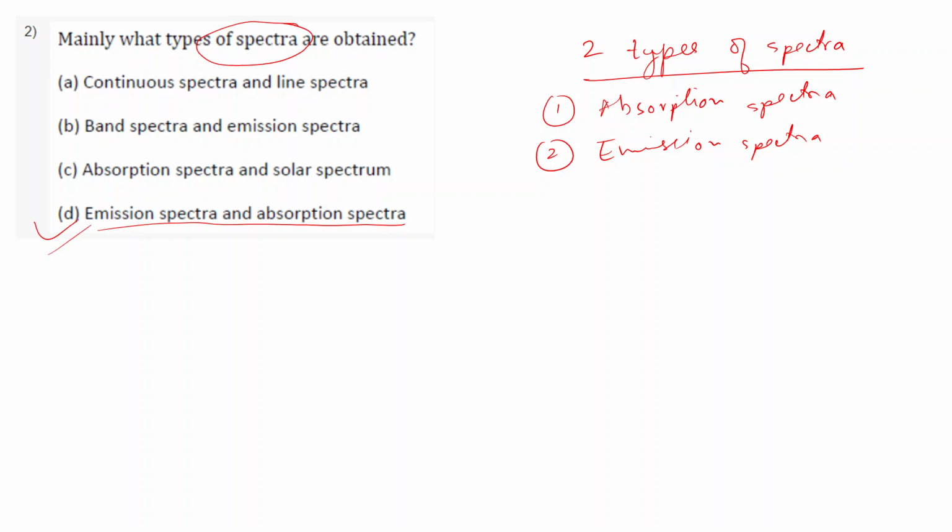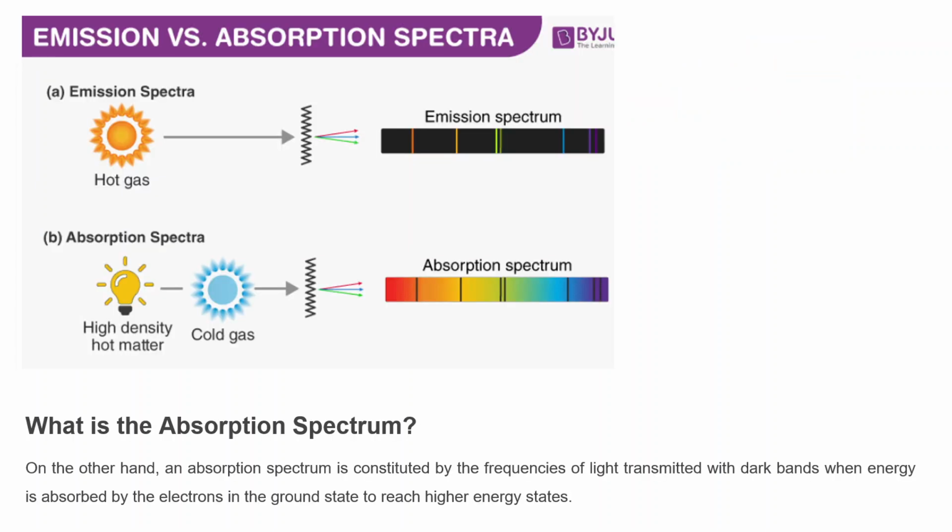Now, just to tell a little theory about how we get emission spectra and how we get absorption spectra. If we have a sample which has some material, the material will have atoms, and the atoms of that particular material will absorb some energy. At the center we have the nucleus, and then we have different energy levels.